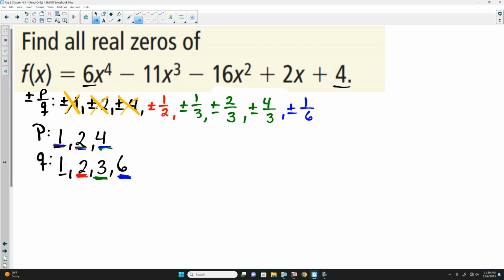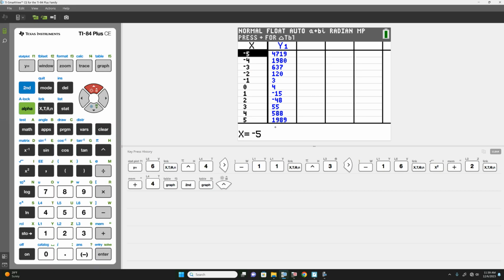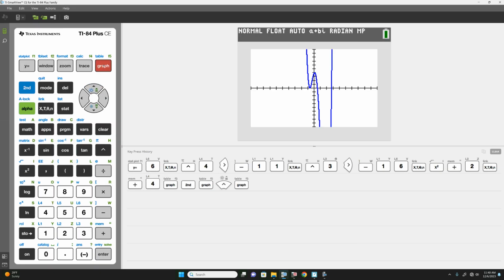And out of all these here, well, 4/3 is the only one bigger than positive 1 or negative 1. All the rest are between 0 and 1 or 0 and negative 1, yes? So if we look at the graph, we do only have one value bigger than 1, yes?